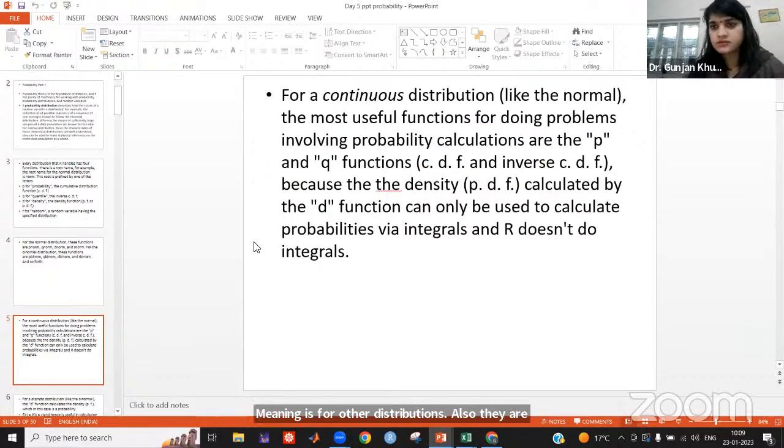For a continuous distribution like the normal distribution, the most useful functions for doing problems involving probability calculation are P and Q, because the density calculated by the D function can only be used to calculate the probability via integrals, and R doesn't do integrals. So that is the reason why P and Q are more popular for the normal distribution.